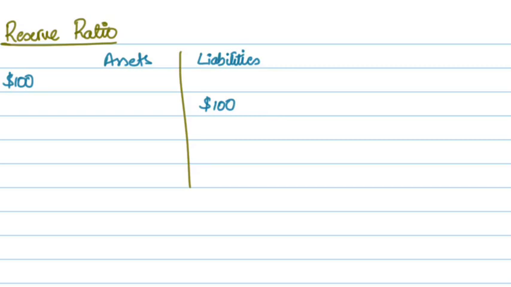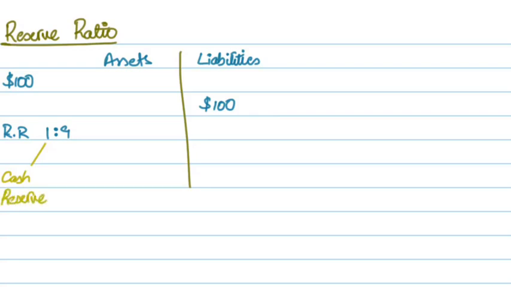Now, how much is supposed to be held as a cash reserve is determined by the reserve ratio. The reserve ratio determines how much of the deposit will be held as a cash reserve and how much the bank will lend to its customers. Let's say the reserve ratio is 1:9, which means one portion needs to be held as a cash reserve.